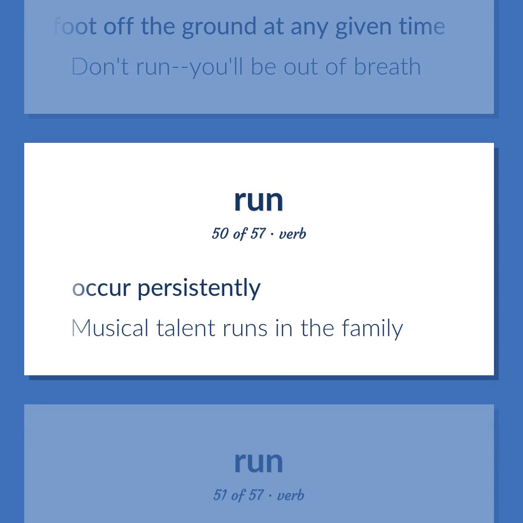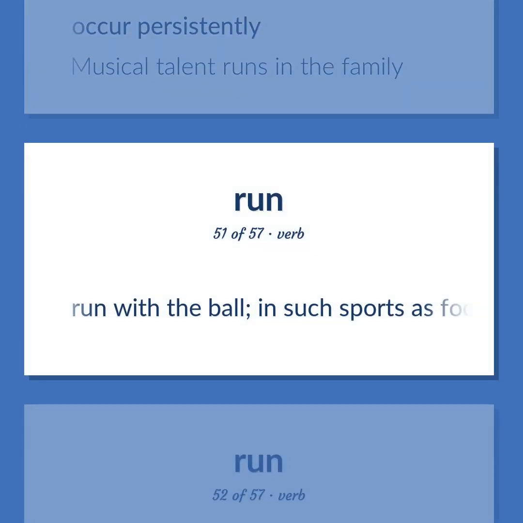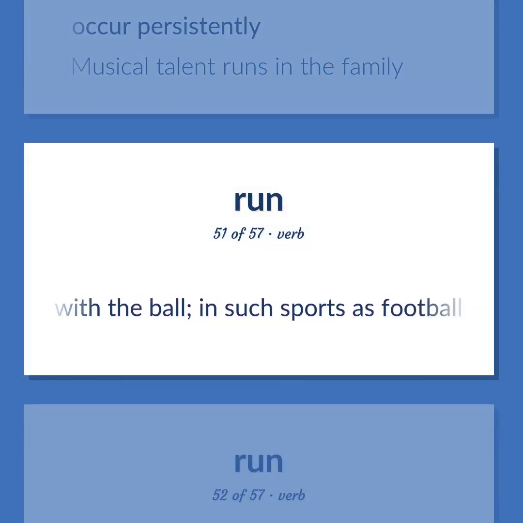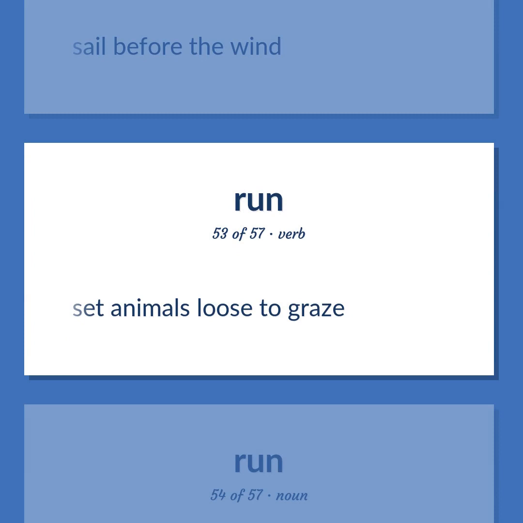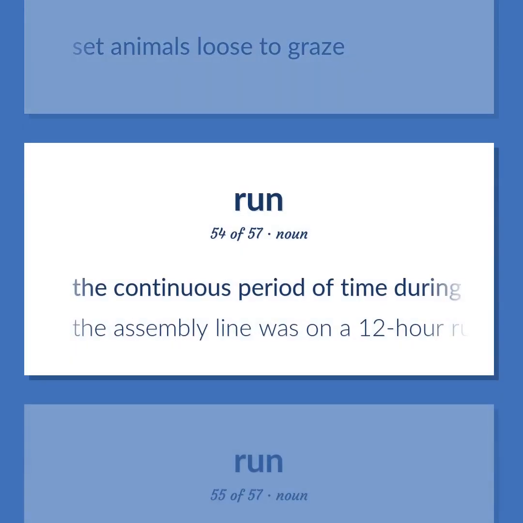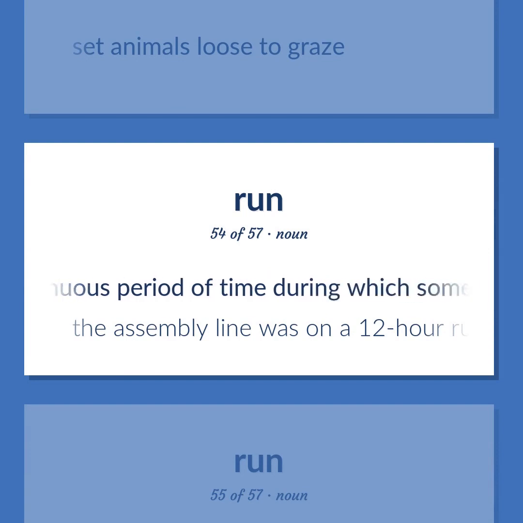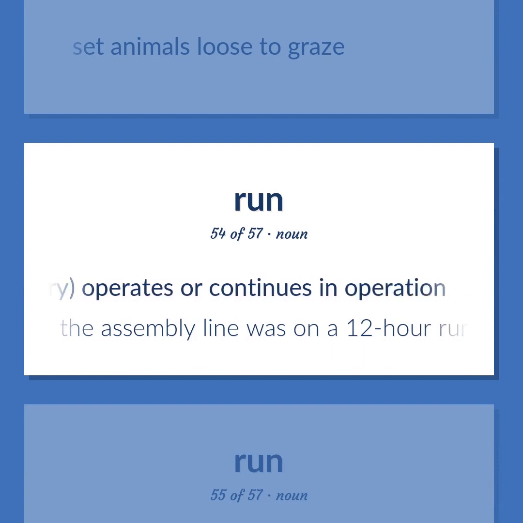Occur persistently. Musical talent runs in the family. Run with the ball, in such sports as football. Sail before the wind. Set animals loose to graze. The continuous period of time during which something, a machine or a factory, operates or continues in operation. The assembly line was on a 12-hour run.